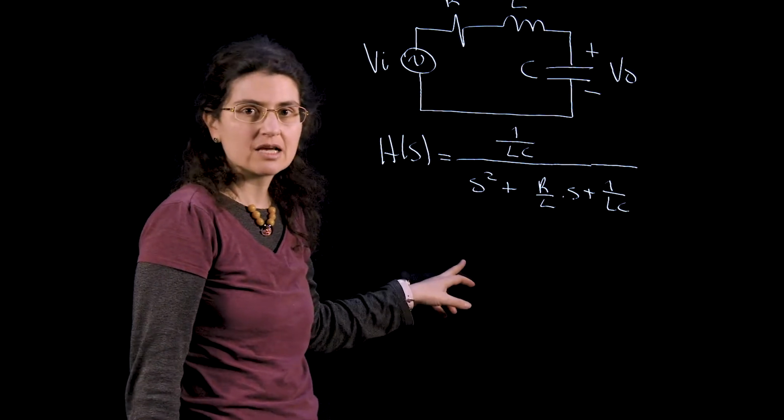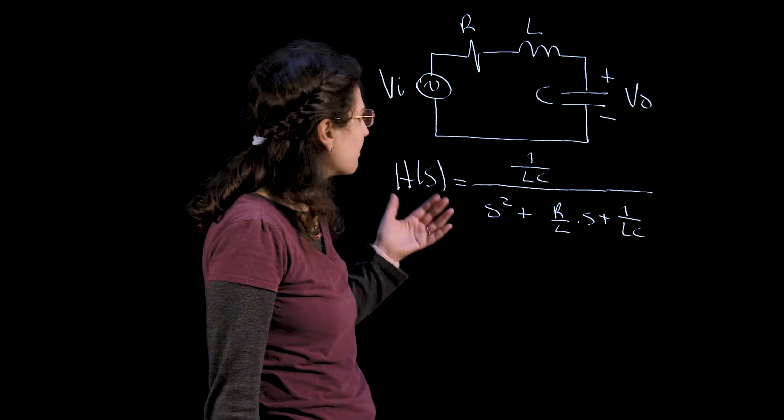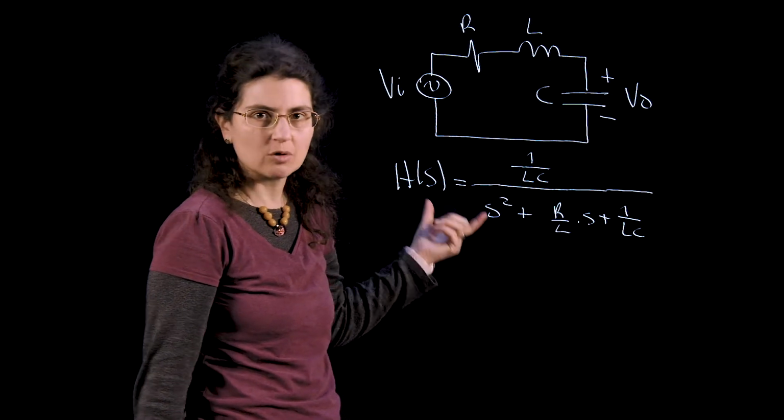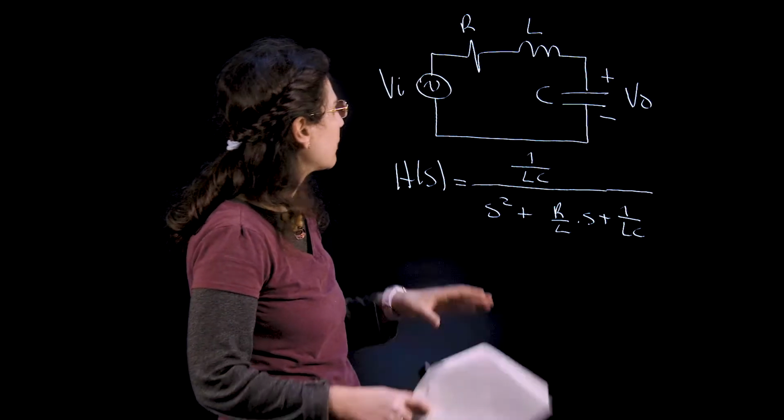It looks like this. So what we need to do first is calculate the magnitude and the phase of my transfer function when s is equal to j omega, because that's what we're interested in, the frequency.